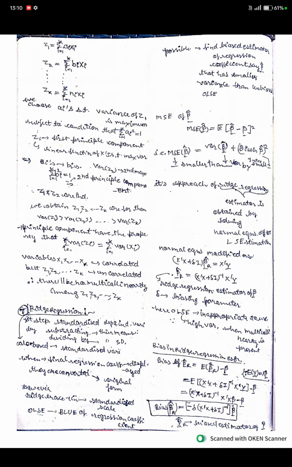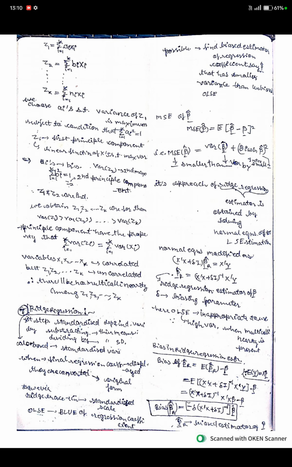The principal components have the property that summation of variance of zi, i from 1 to k, equals summation i from 1 to k of variance of xi. Variables x1, x2 and so on xk are correlated, but z1, z2 and so on zk are uncorrelated.